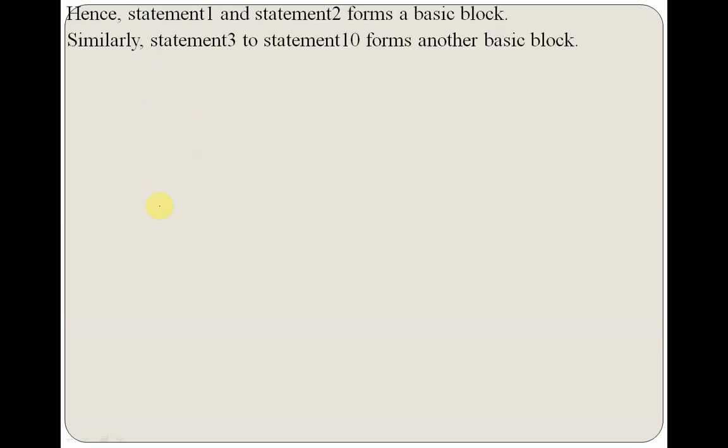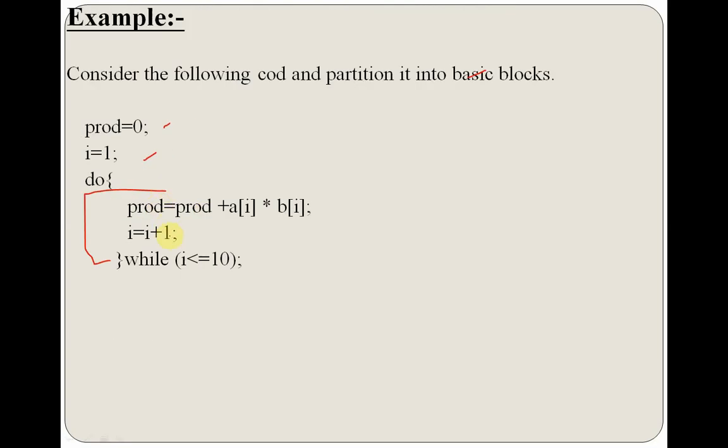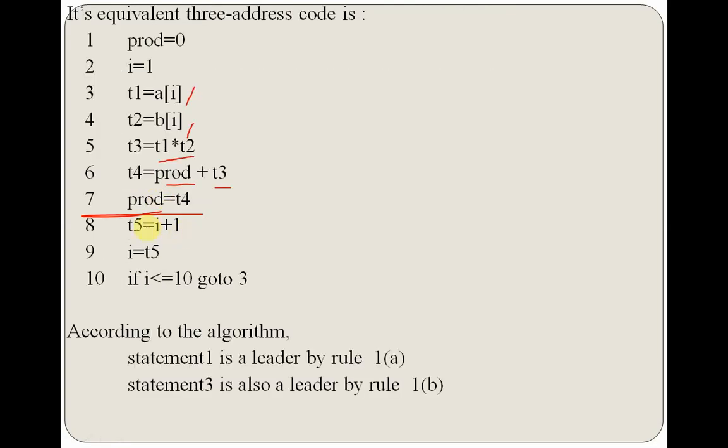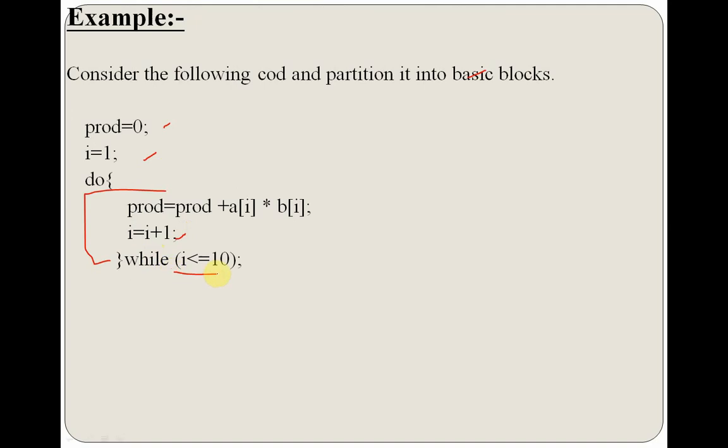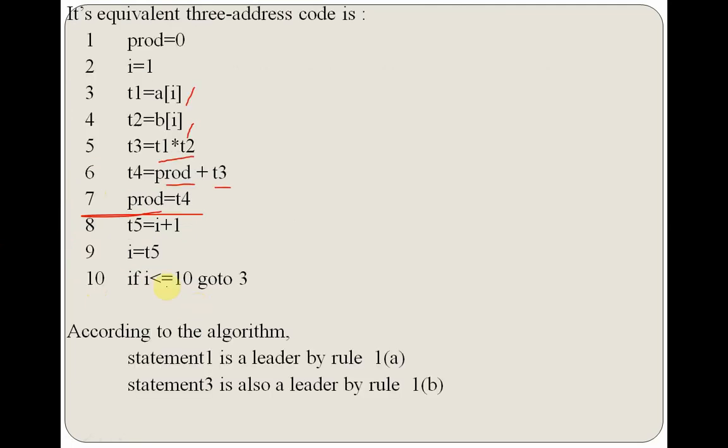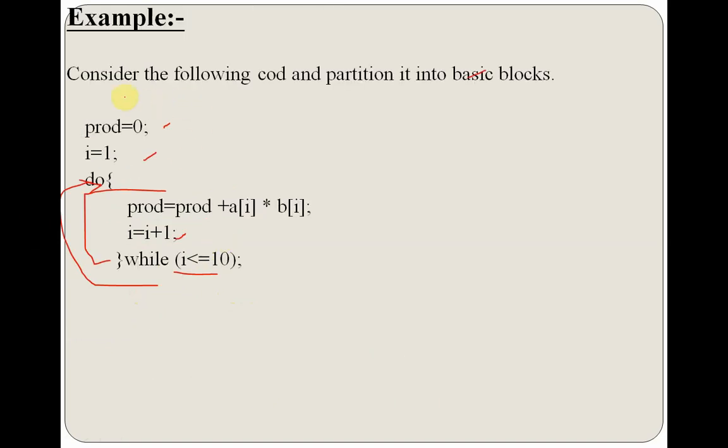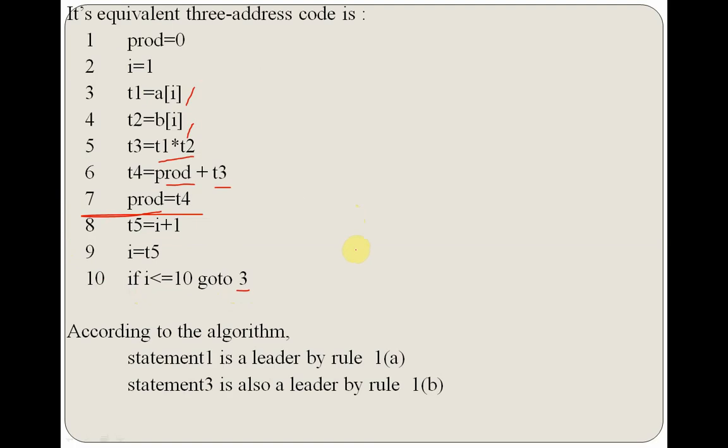After that we have the statement i equal to i plus 1, written as t5 equal to i plus 1, i equal to t5. Thereafter we verify the condition: if i is less than or equal to 10, go to the starting of the loop body, line number 3. This is exactly representing the given source code as equivalent three address code.